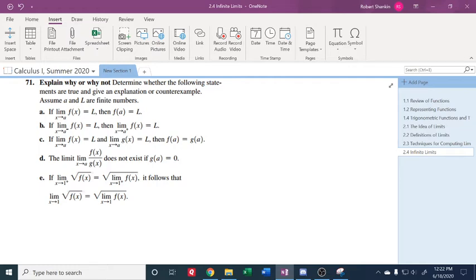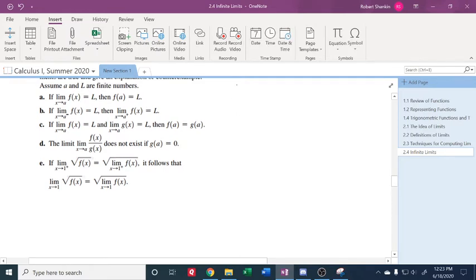So the very first one, it says, if the limit as x approaches a of f of x is equal to L. Now, I understand things a lot better if I can draw a picture. So on A, I might get this little picture here. Where do I put A? Well, x is getting closer to that, so it's got to be on the x-axis.